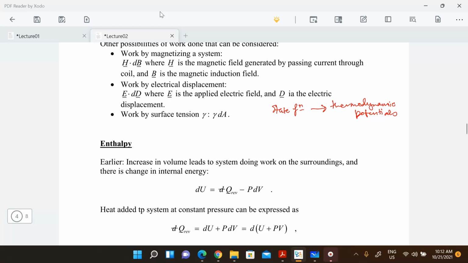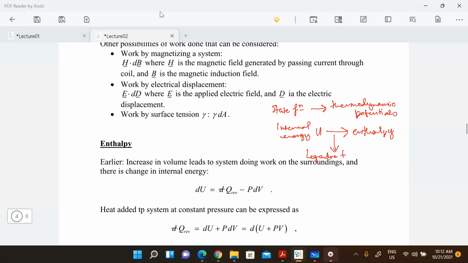Going from internal energy, say U, to enthalpy, in the previous course, there is a mathematical process called the Legendre Transform.